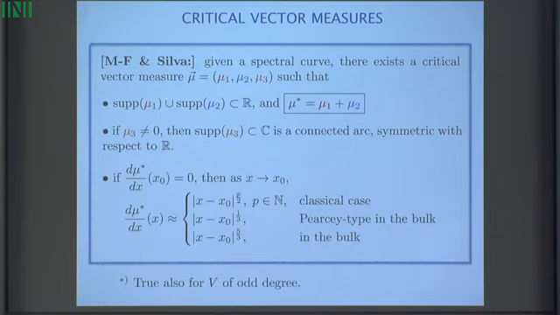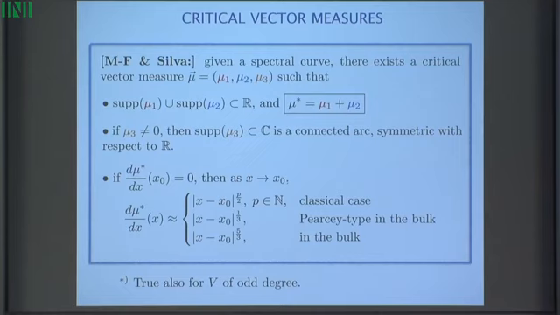The first two live on the real line. Mu1 and mu2 are supported on the real line. And as I said, the sum of these two measures gives me the asymptotic distribution of the eigenvalues, of the zeros of the average characteristic polynomial.